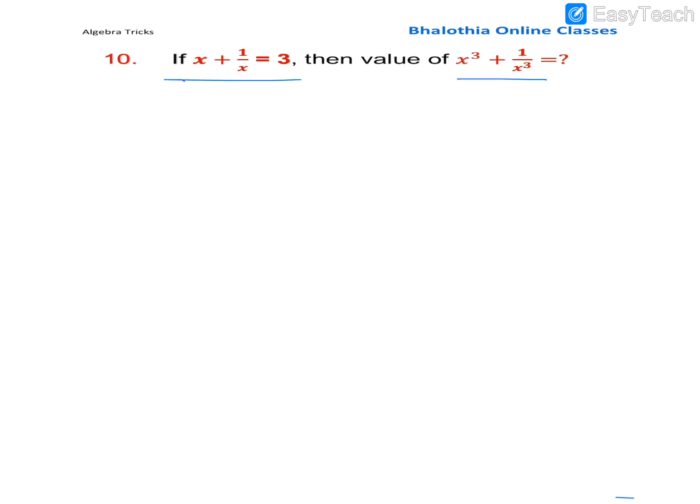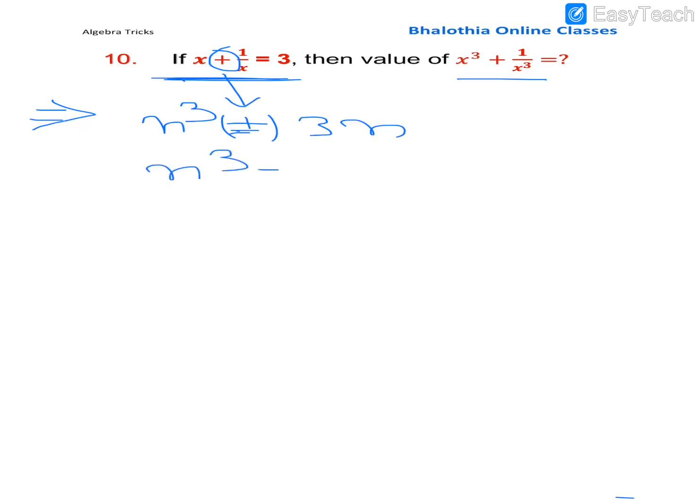Okay, so plus is given and we know the formula of cube, and that is n cube, then a sign, plus or minus, and then 3n. So again plus is given, we will put minus. So our formula is n cube minus 3n for the cube.